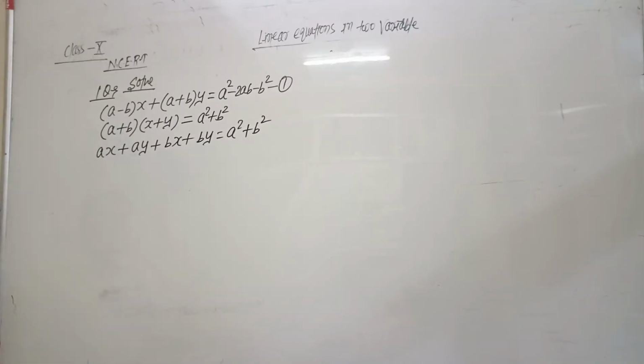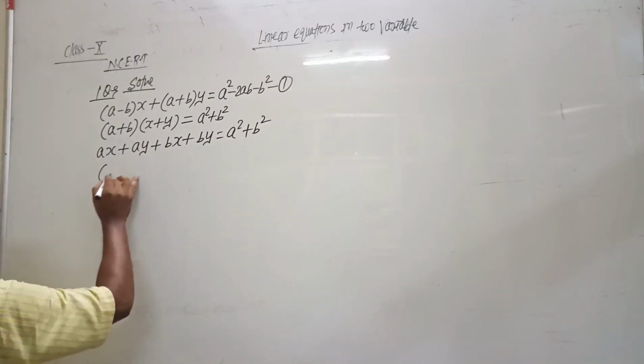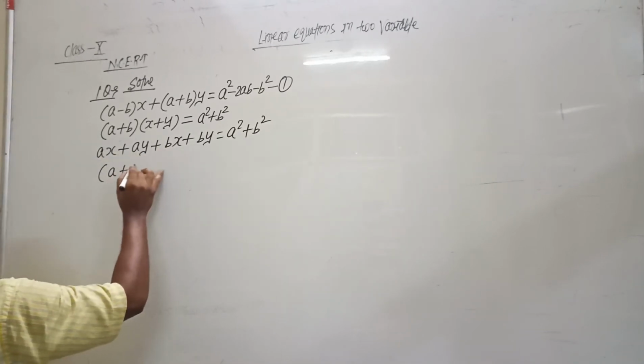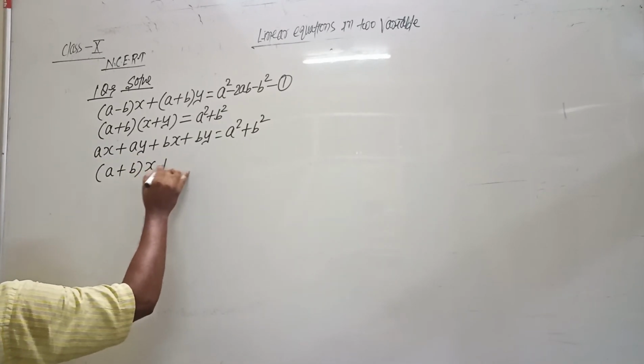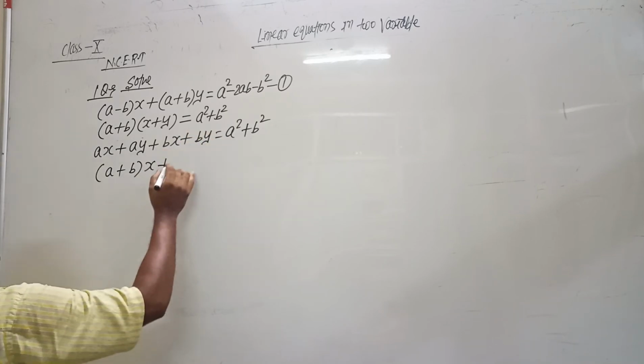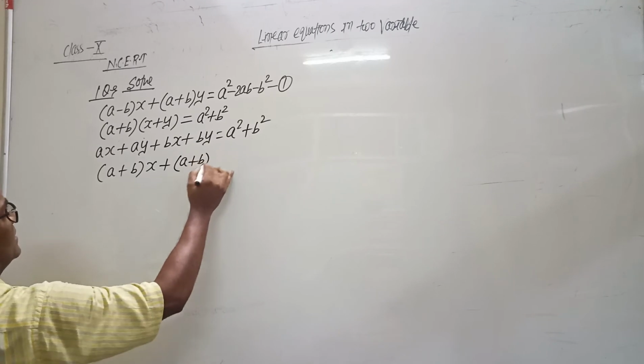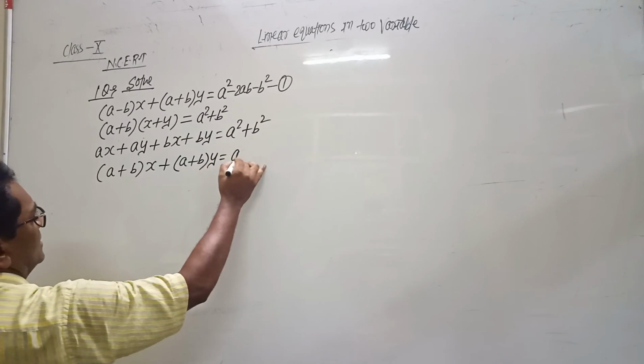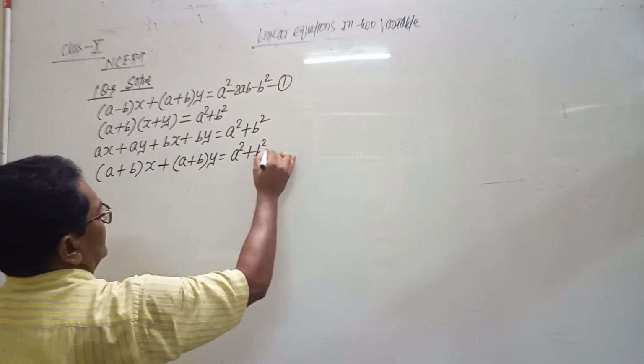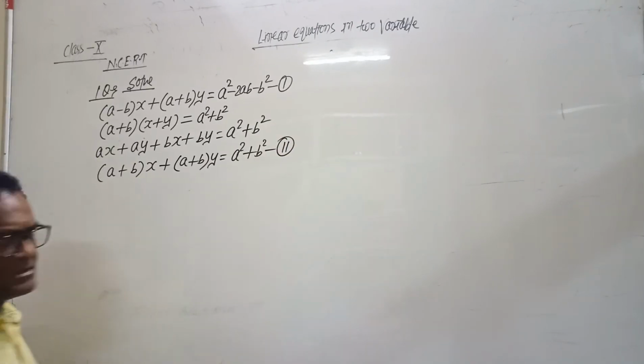Now we take x as common, so it comes (a plus b) into x, and from both the terms we take y as common. So (a plus b) into y equals to a square plus b square. This is the second equation. We get (a plus b) into x plus (a plus b) into y equals to a square plus b square.